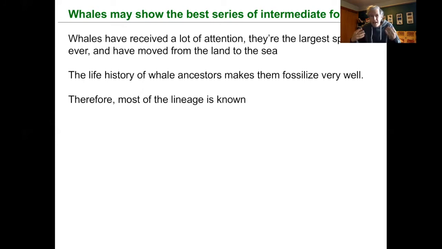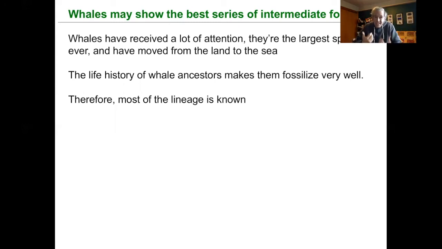In addition, whales are really interesting because they come from an ancestral terrestrial mammal and they've moved from the land to the sea. So they're really charismatic, they're really big, and they've got a great story. They've gone through this enormous process of going from a fully terrestrial species to a fully marine species. So because they've done this big change and they're huge, it's kind of cool.